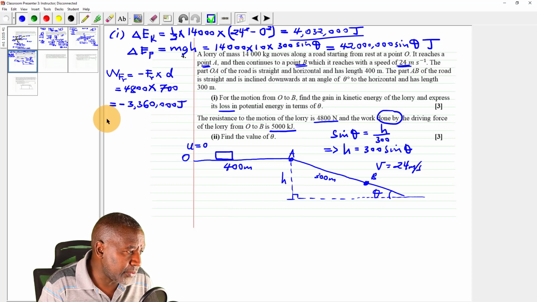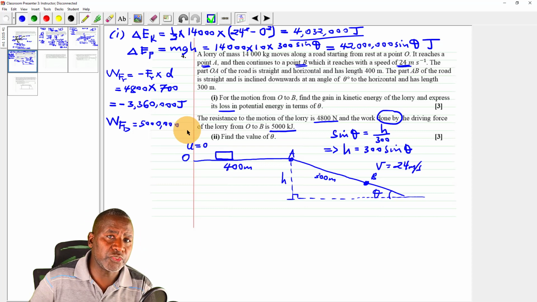I already know that the work done by driving force is 5 million. Now, what expression do I need to use here?